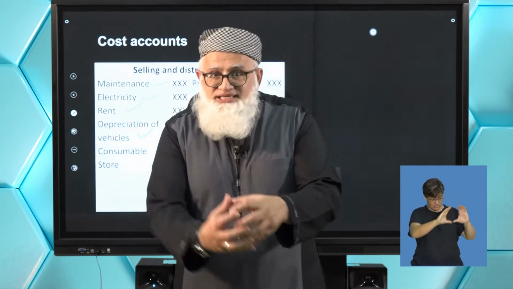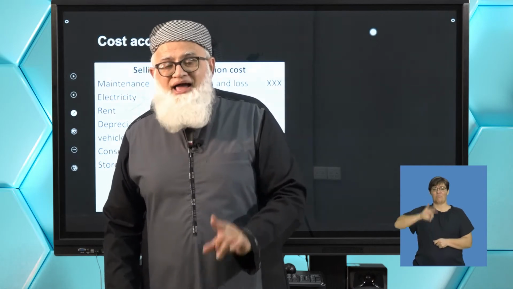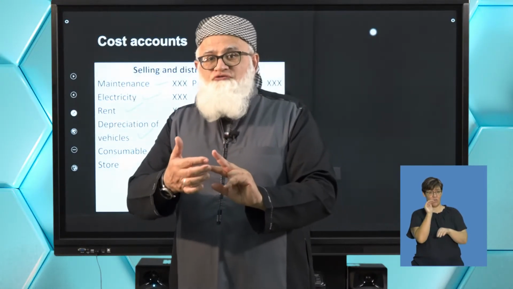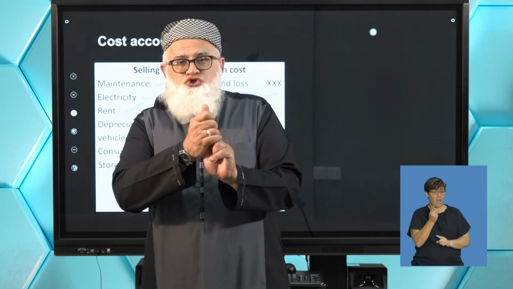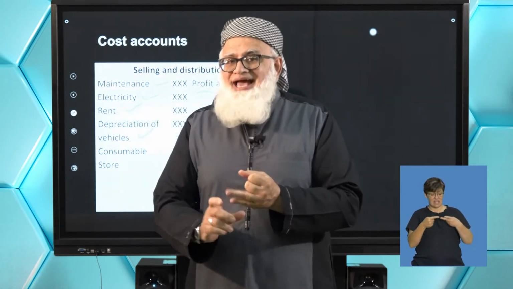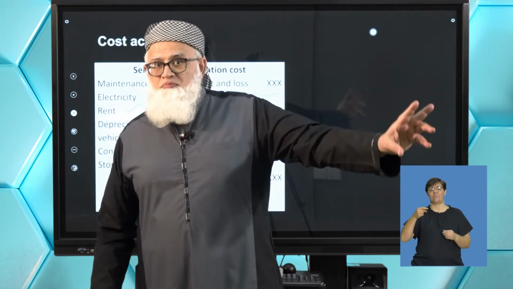It's the selling component of it, and therefore that will go into my profit and loss. As you can see, the three cost components, namely direct material, direct labor, and your factory overheads, went into your work in process, and your admin cost and your selling and distribution cost went into your profit and loss.